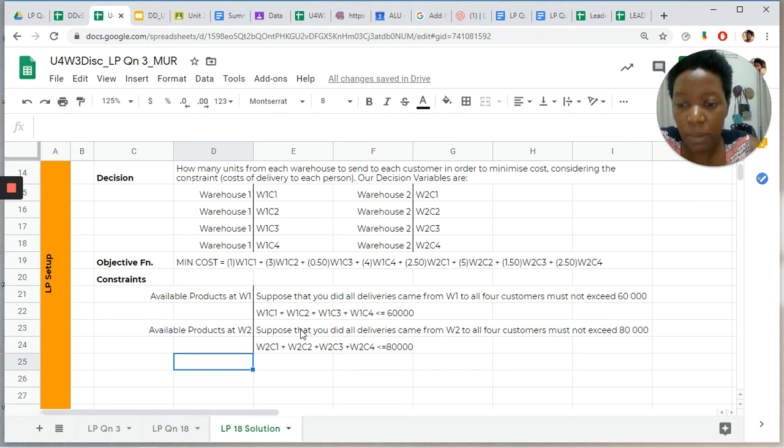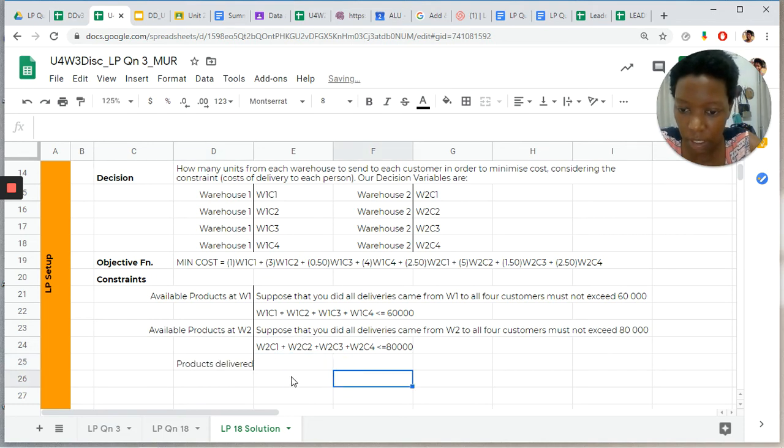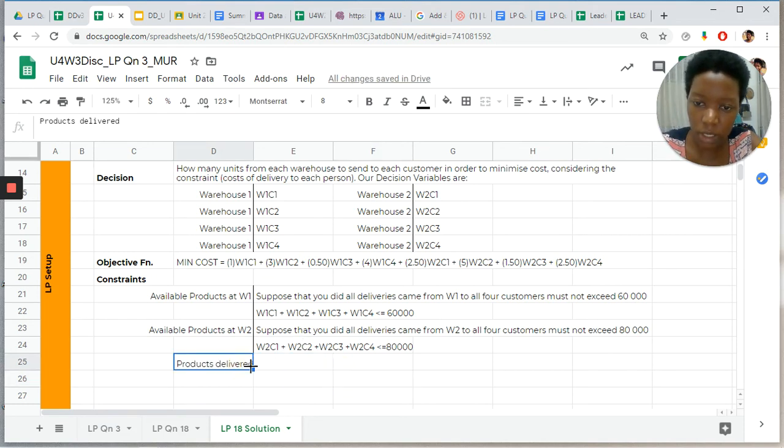Now that I've done my warehouse capacities, I also need to now make sure that I am delivering what's been ordered by each customer. So I'm going to call this section amounts ordered or products delivered rather, because at the end of the day, we must deliver what has been ordered.